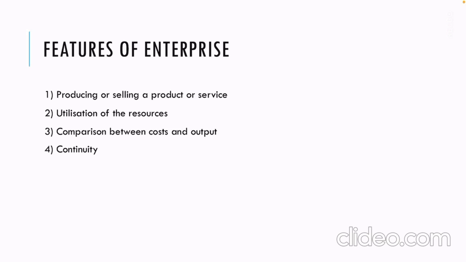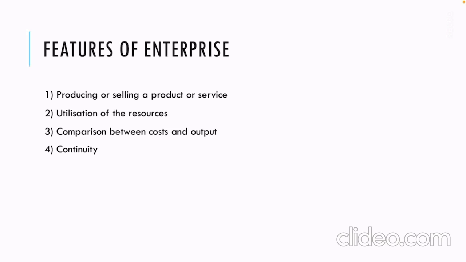The next is utilization of the resources. Whatever resources are available, using them to their maximum potential to get better productivity is known as what? Utilization of the resources. The next is comparison between the costs and output.